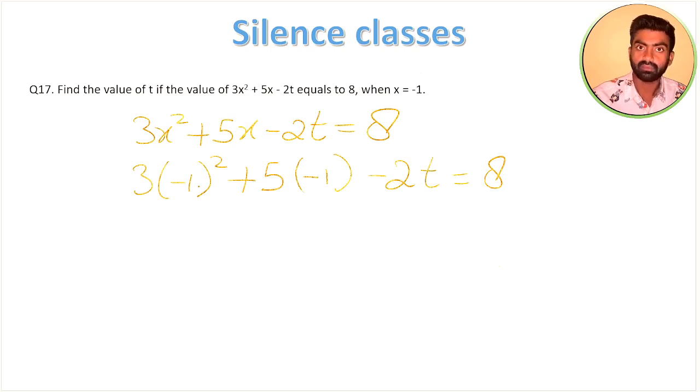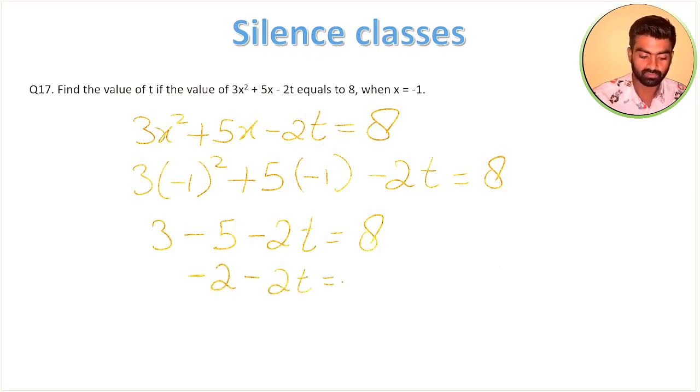Once we open the square, a minus will become plus, so 3 multiplied by 1 will become 3. Now plus minus, we put minus 5 ones are 5, minus 2t equals 8. It will become minus 2 minus 2t equals 8, minus 2t equals 8 plus 2, minus 2t equals 10.